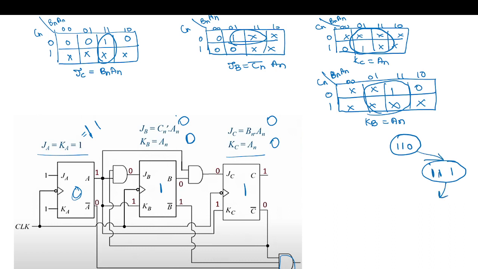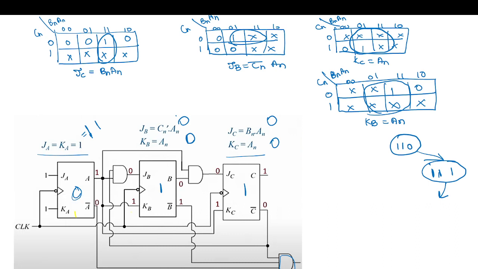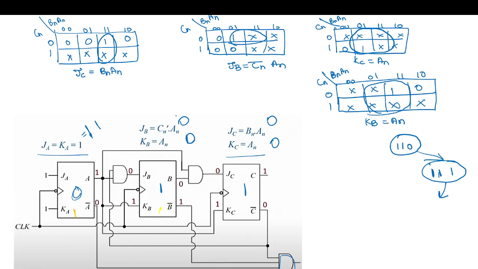Now from this state 1, 1, 1. It's clearly visible. Now this is always 1, 1. Here it is Cn bar, so 0. An, Bn is 1, 1. Now C will toggle. This is A, B and C. So C will toggle.